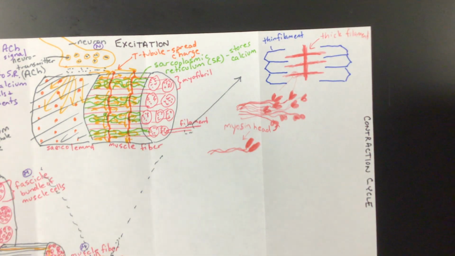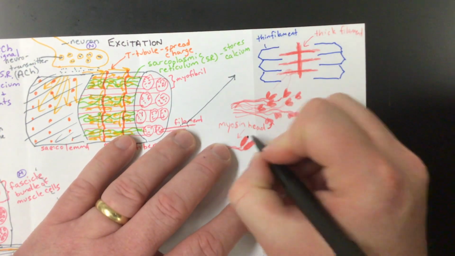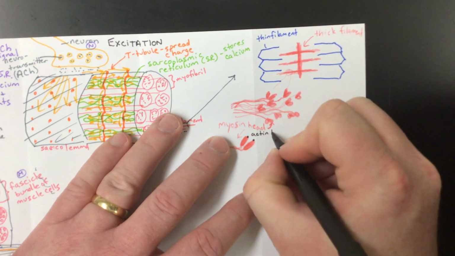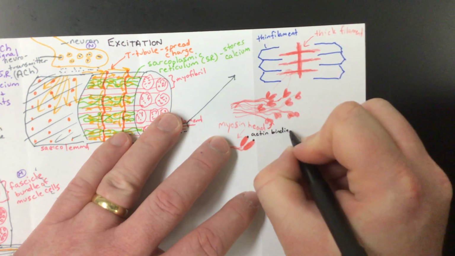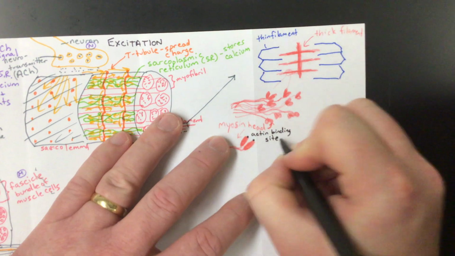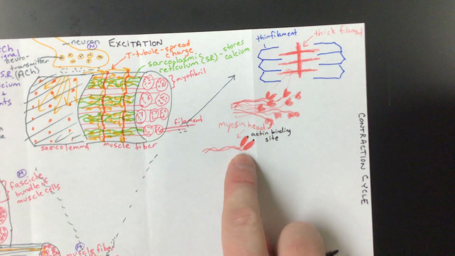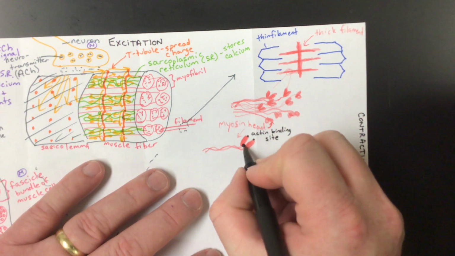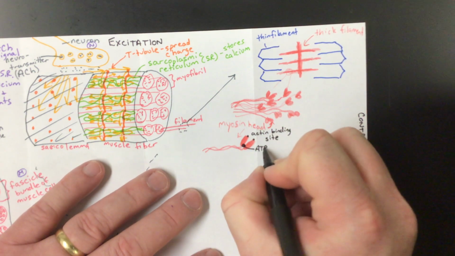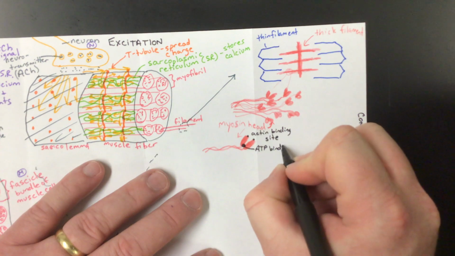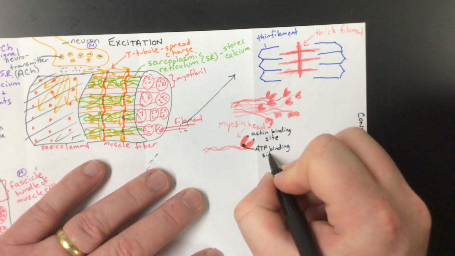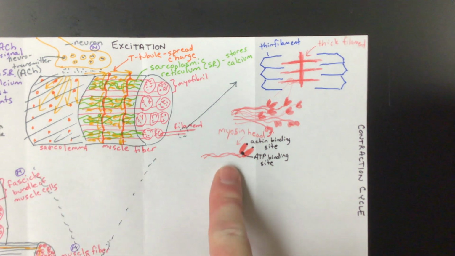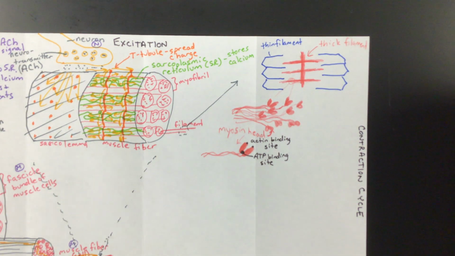And on myosin heads, at the very top here, it has an actin binding site. That's where the myosin thick filaments will bind the actin thin filaments. And then kind of in this area, there's an ATP binding site. So we need ATP to provide energy for muscle contraction, and that's because the ATP is going to interact with myosin.